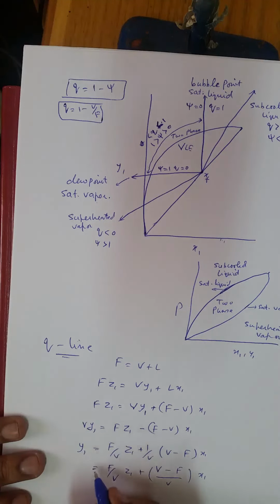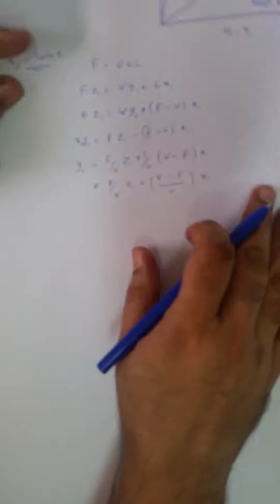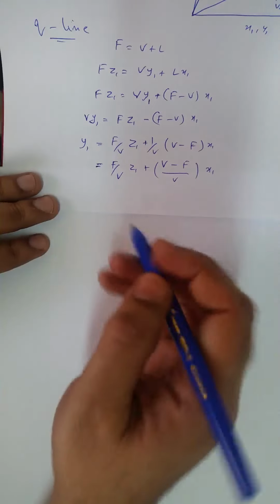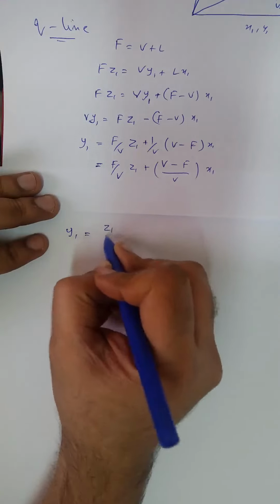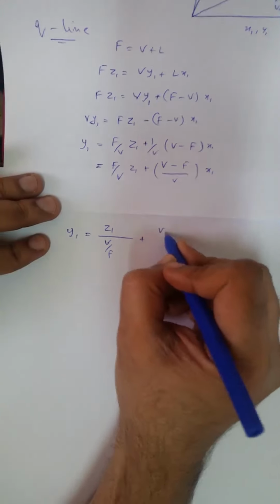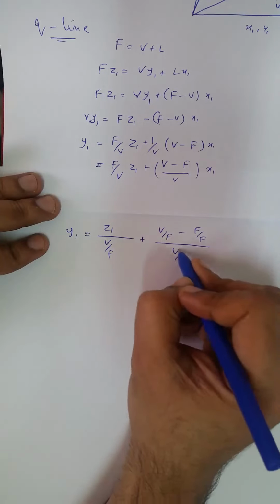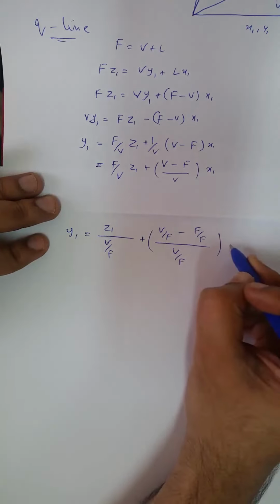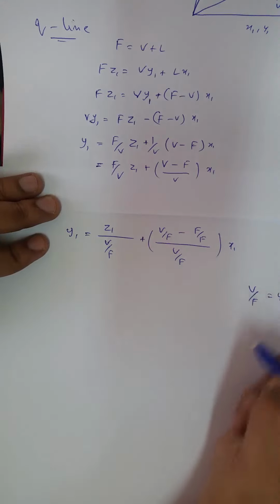Now what we can do is divide throughout the equation by F. So we can write down y1 is equal to z1 over F over V, we can take it down, plus V over F minus F over F over V over F, x1. So you know already V over F is equal to psi.